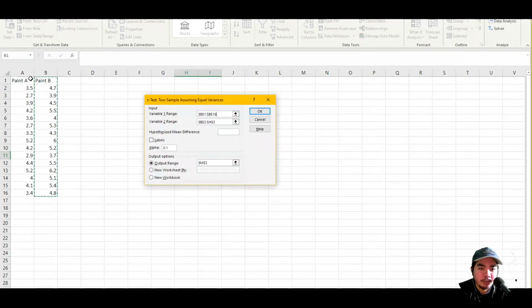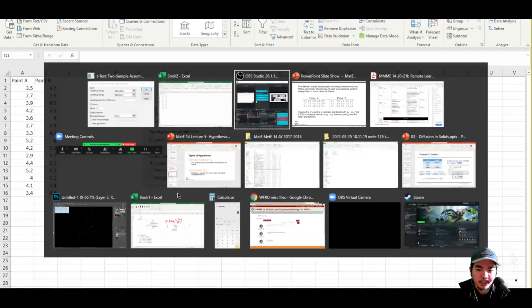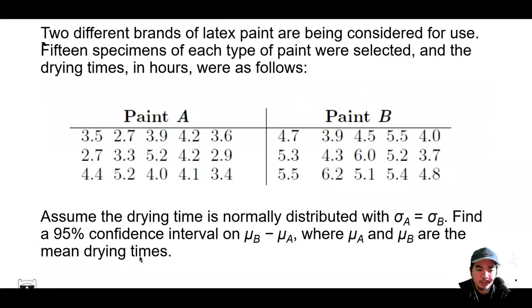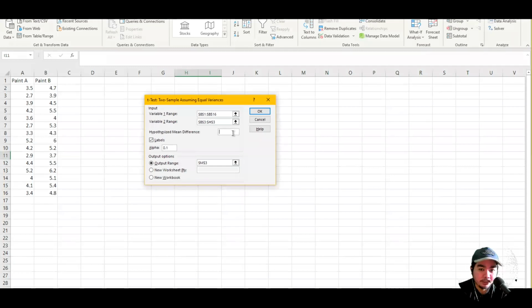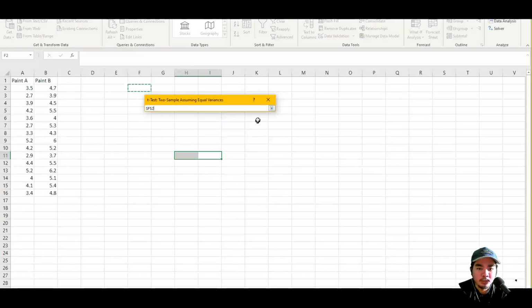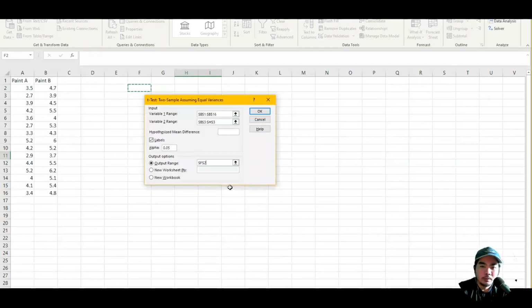And data set B. Sama ko yung labels, pero dapat i-tick ko tong labels na to. So, this is not hypothesis testing, so wala muna ako ilalagay na hypothesized mean difference, no? And sa problem, ang sabi is 95% confidence interval. So, what I'll do is, I'll do 0.05 alpha. And output range ko, I'll just place it somewhere here. Okay?